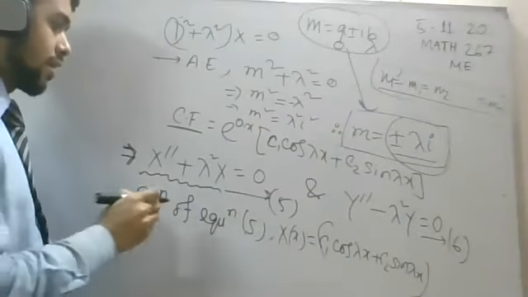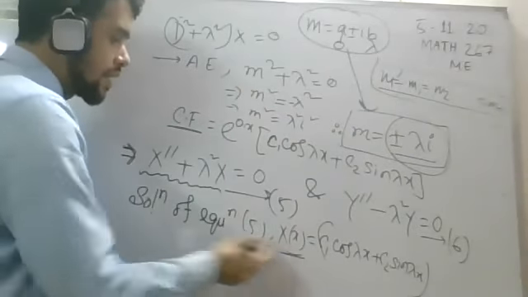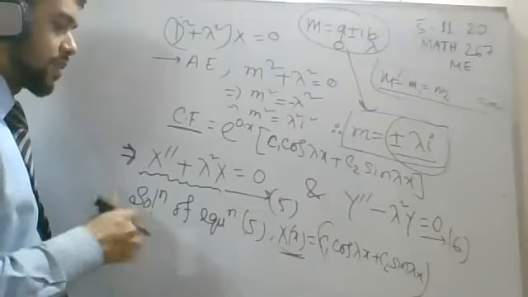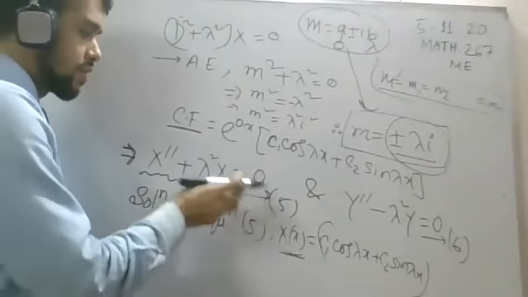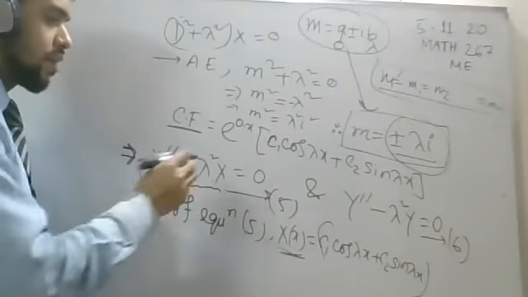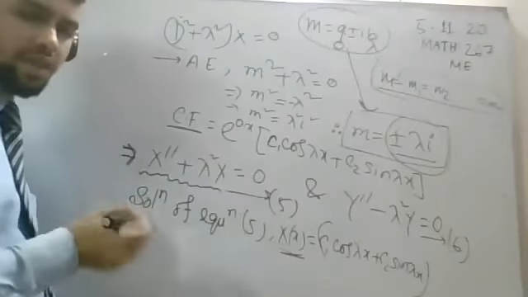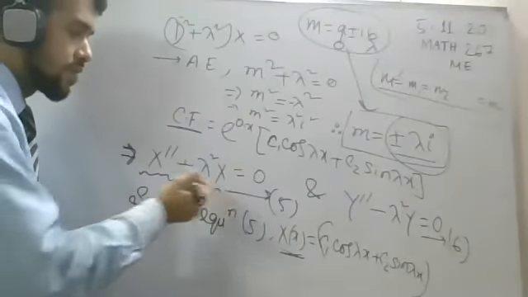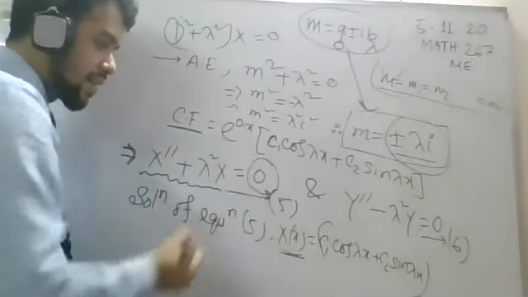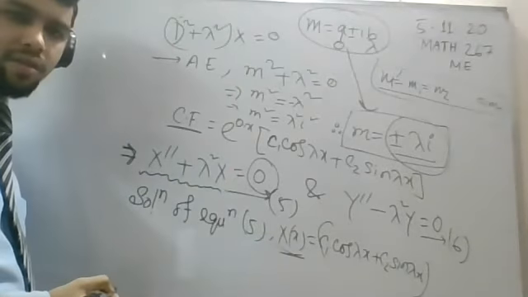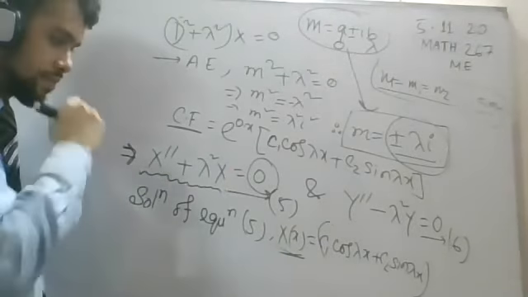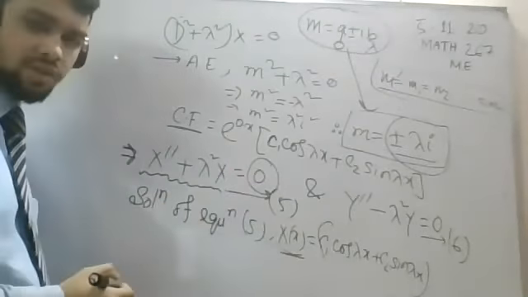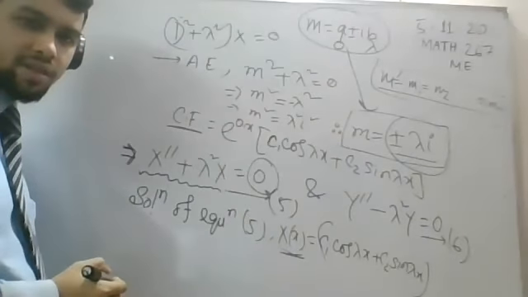Now you have to find out the solution X. So the general solution of this equation will be complementary function plus particular integral. So you have to find out also the particular integral of your given equation. But here the right hand side equals 0. Okay, that means this is a homogeneous linear differential equation.